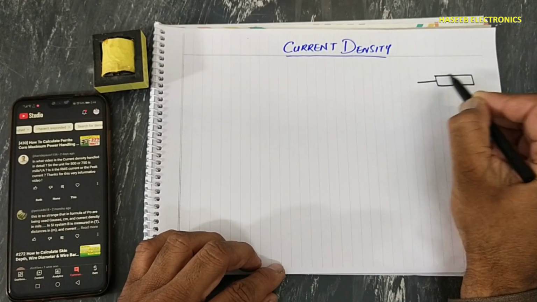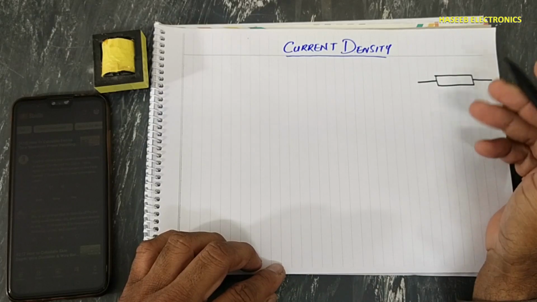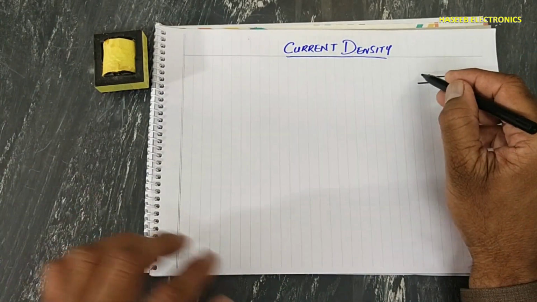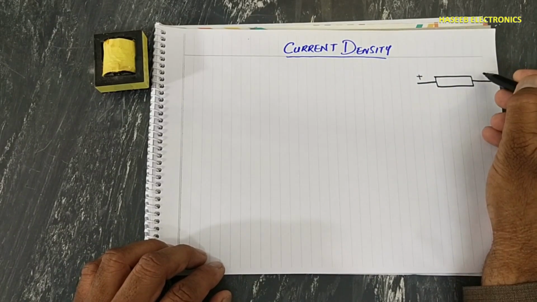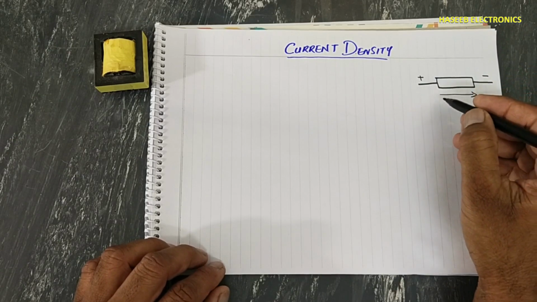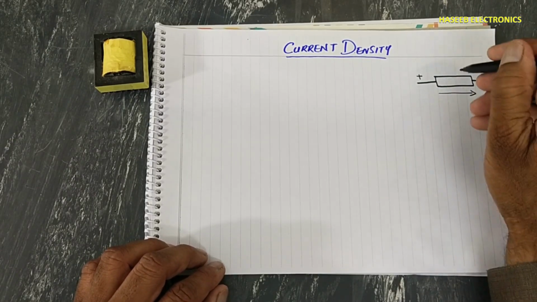We know when we apply voltage to any conductor, either a resistor or any conductive material, current flows in this material. What is the current?